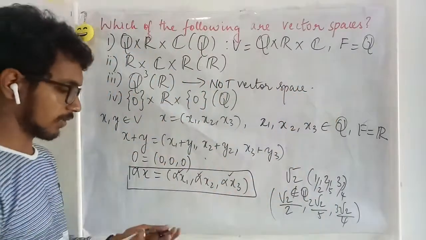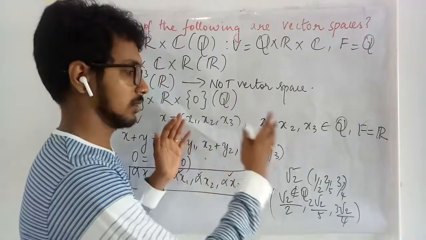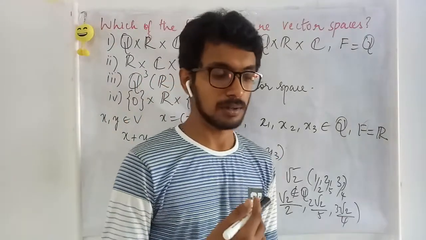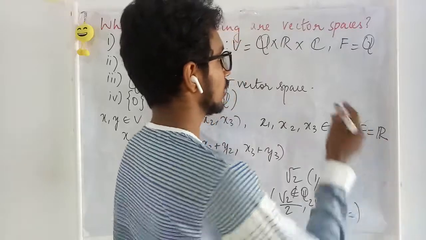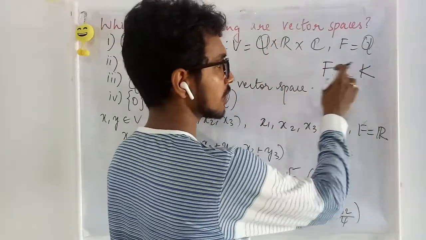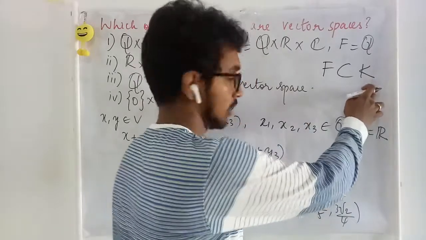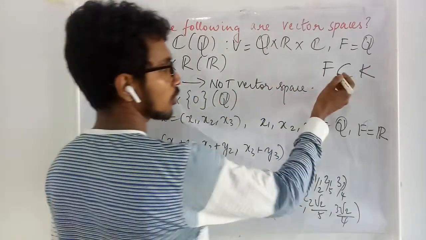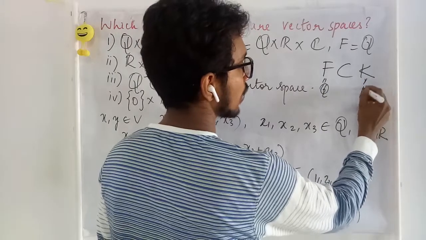Here we have listed the operations and we are checking these things. But before starting this problem, I recalled the concept that we have seen in the previous videos. That is, if we have a field F and a superfield K, then K is a vector space over F, and F is not a vector space over K. Here you see Q is a subfield of R. So your F is Q here and K is R here.